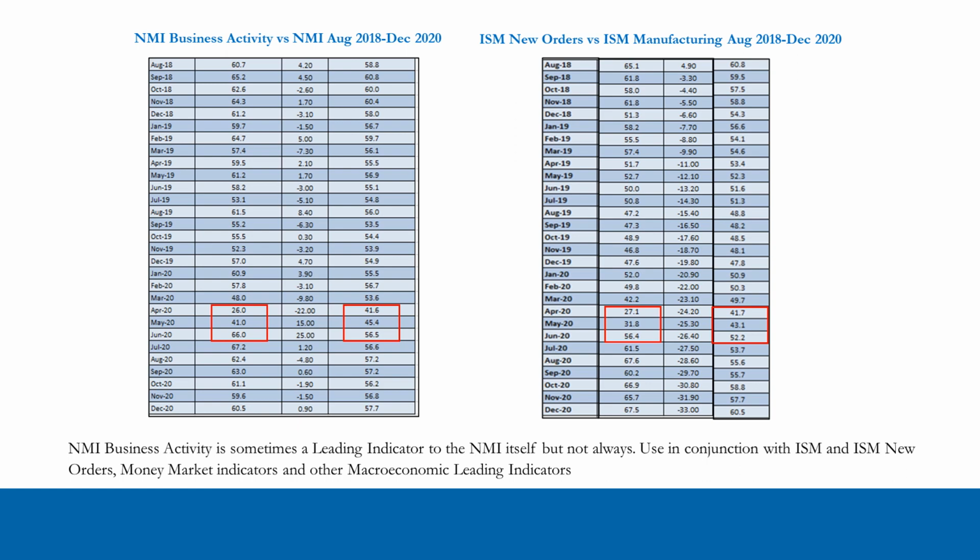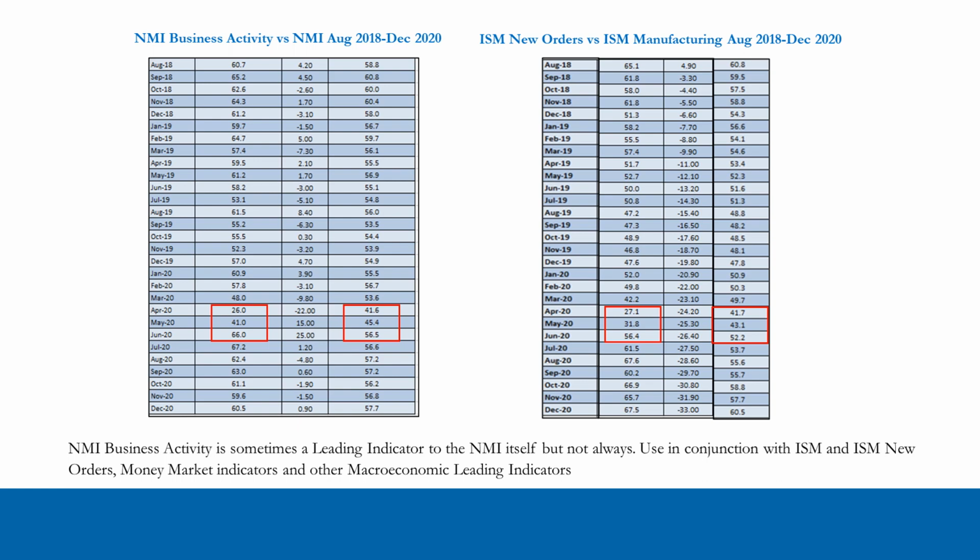So you can do this for new orders as well, one of the components of the ISM manufacturing composite index. And you can look at that versus the ISM manufacturing index itself. And what we can do is look at periods in time in stock market history and have a look at what was going on then for both business activity and ISM new orders.